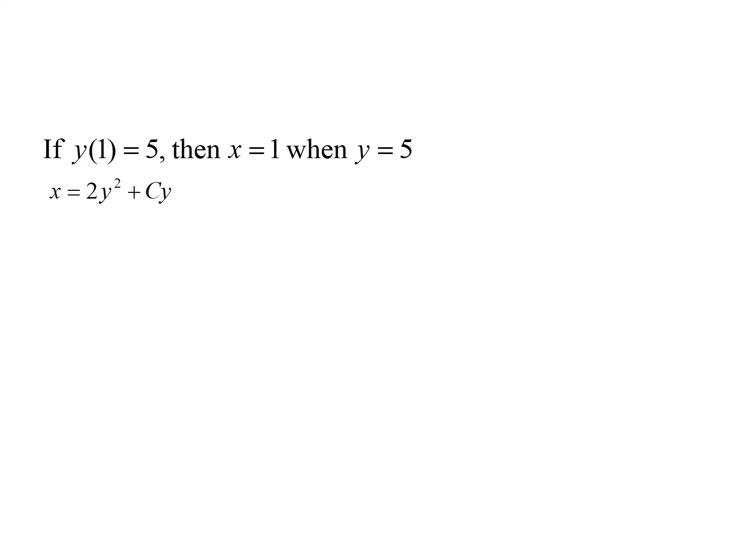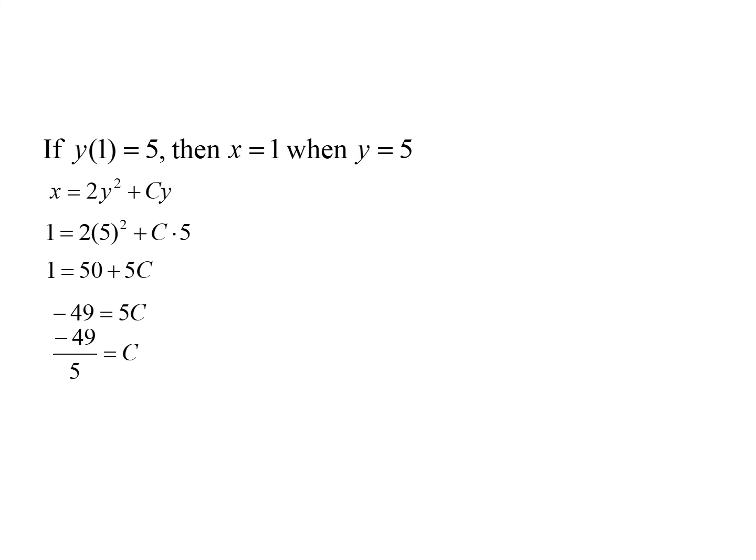So if x equals 2y squared plus cy, then 1 will equal 2 times 5 squared plus c times 5. So 1 equals 50 plus 5c. We subtract 50 from both sides, so negative 49 equals 5c. And then divide by 5 to get c equals negative 49 over 5.